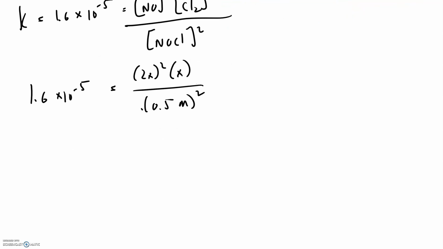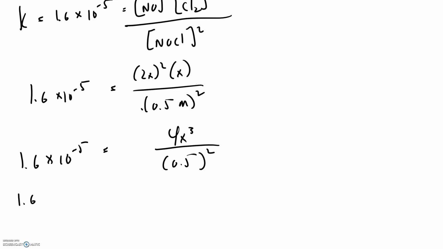We're going to express this out, and so 1.6 times 10 to the negative fifth. On the top we have 2x squared times x. So 2x squared is going to be 4x squared times x is 4x cubed. And on the bottom we have 0.5 squared.